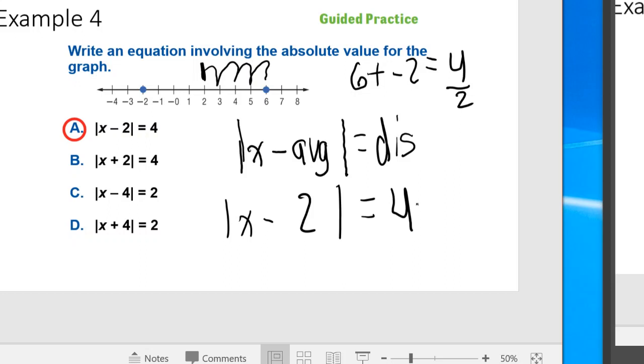All right, let's do another one like that. I'm going to show you because this isn't on there.